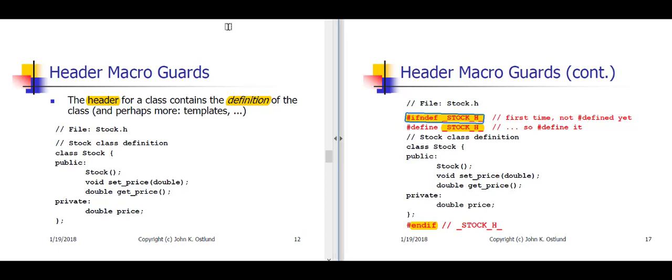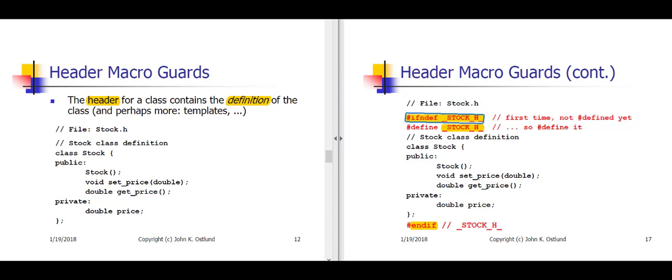There's nothing magic about this particular token _STOCK_H_. You simply want to write a token that's related to the name of the header file and it's very unlikely to conflict with another pound-define of that same token that was established for some other purpose.